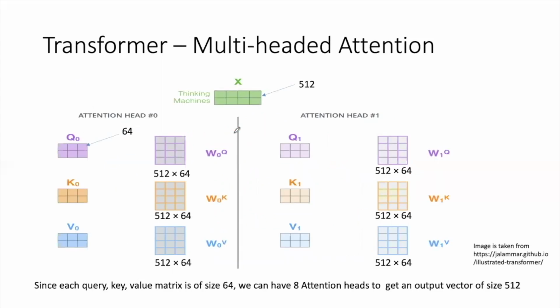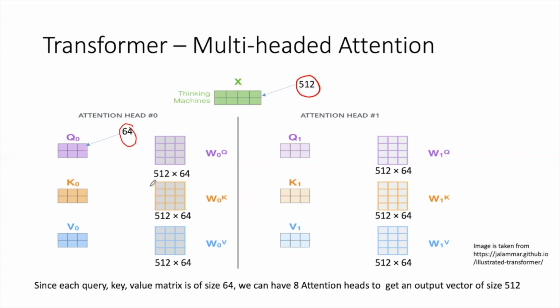Previously we saw that query, key and value matrices generate query, key and value vectors. The query matrix helps in doing a linear transformation to a different space. Let's say the dimension of the initial word is 512, and we transform it into a 64 dimension query vector, value vector, and key vector.